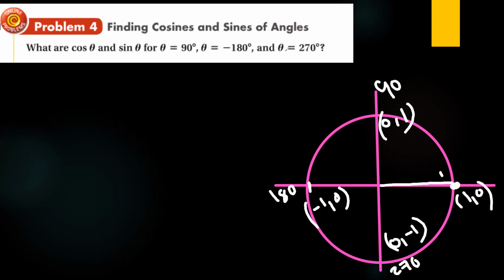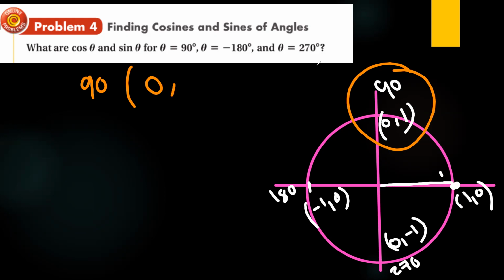After you have these angles, let's come back to 90. The coordinates of 90 on the unit circle are 0 and 1. I told you, the first one is cosine and the second one is sine.